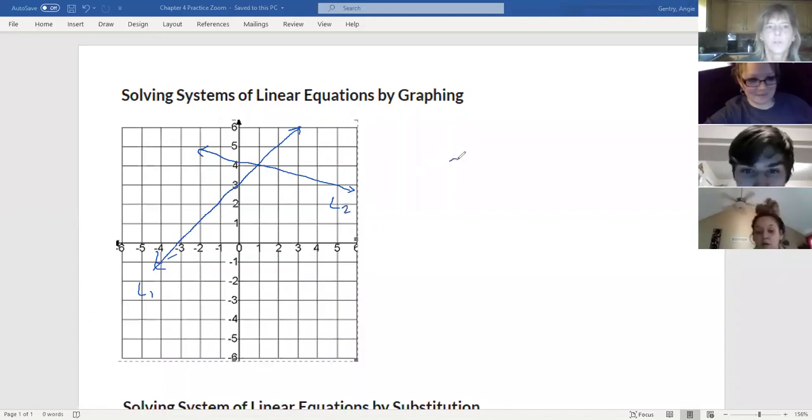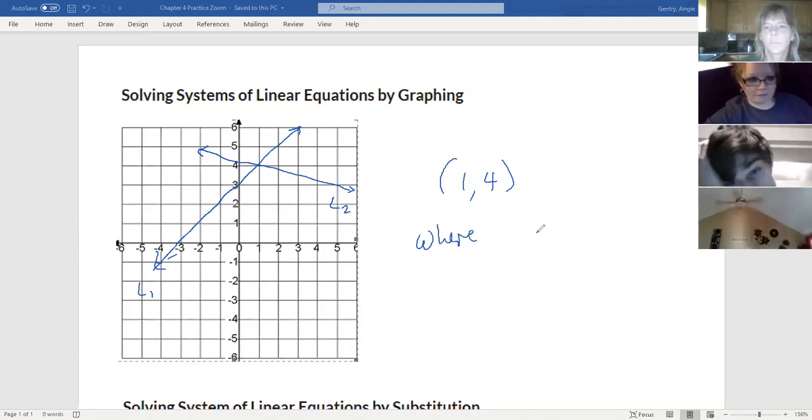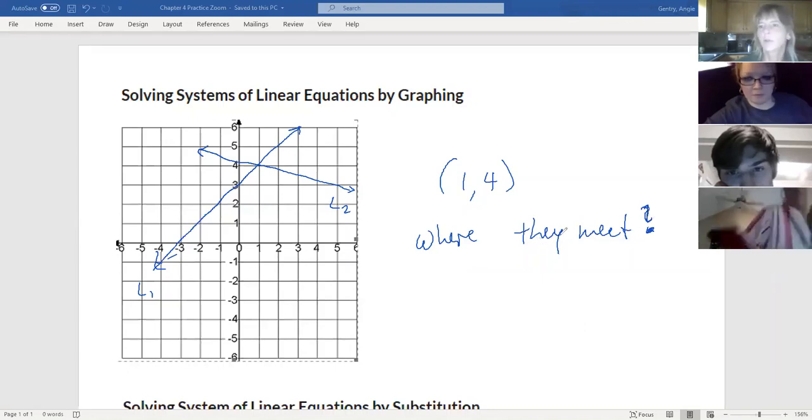And you say the solution is (1, 4), because that's where they meet. Does that make sense on the graphing? If you can graph a line, you should be pretty good, because you're going to have to be able to graph two lines now.